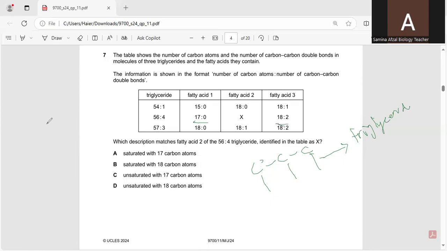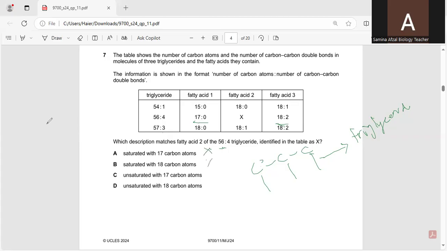And if we add them up, it will be equal to 18 carbon atoms. So the 57:3 ratio. Which description matches fatty acid 2 of the 56:4 triglyceride identified in the table as X? Saturated with 17 carbon atoms, no, it will not be the correct option.